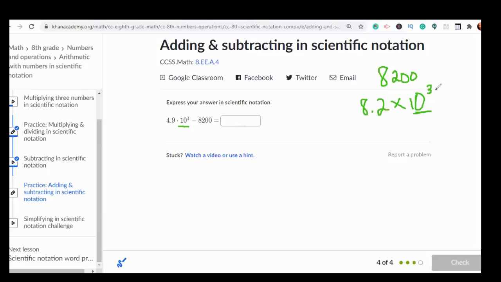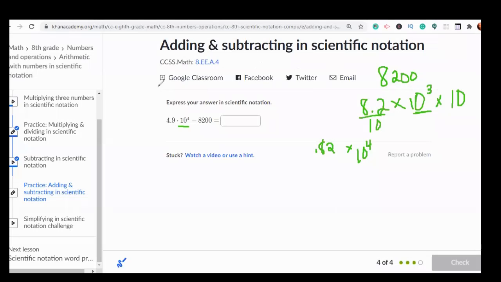Remember, I like to make my powers go up. So I'll go ahead and multiply this one by 10 so I can get that 10 to the 4th, and I'll divide this one by 10. So it turns into 0.82, that looks familiar, 0.82 times 10 to the 4th. Okay, so now they match.